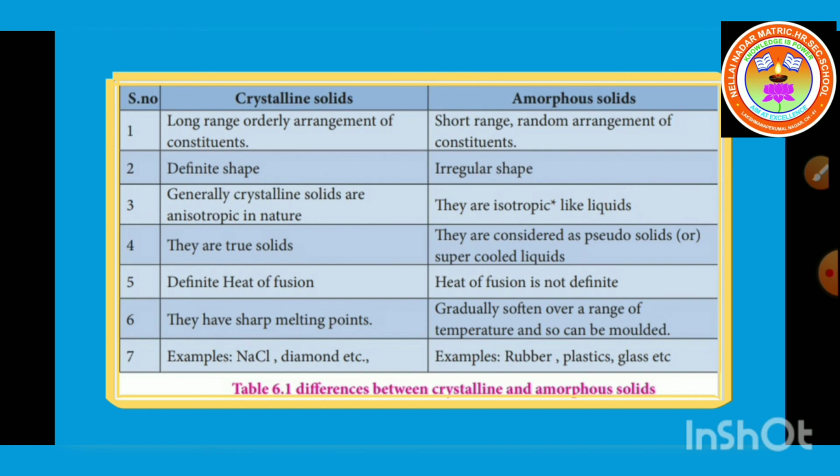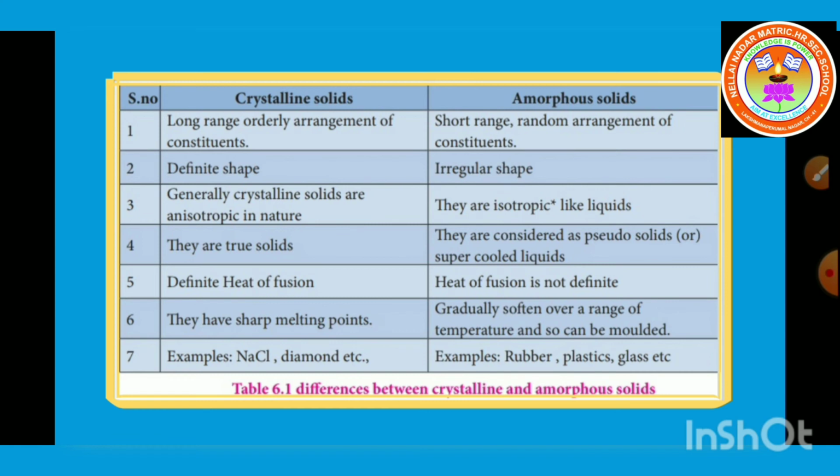Fifth point in crystalline solids: definite heat of fusion. But in amorphous solid, heat of fusion is not definite. Sixth point: they have sharp melting points. But amorphous solids gradually soften over a range of temperature, so they can be molded.